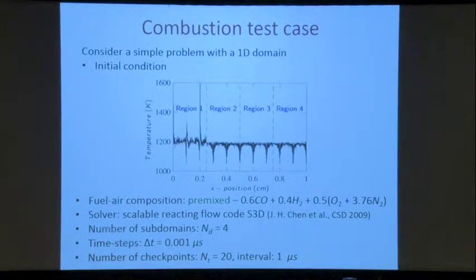This happened to be a mixture for hydrogen, it was hydrogen CO, syngas mixture. And we looked at the evolution with our DNS code S3D. The time steps here were very, very small, on the order of fractions of a microsecond. And we dumped out about 20 checkpoint files at intervals of about 1 microsecond.